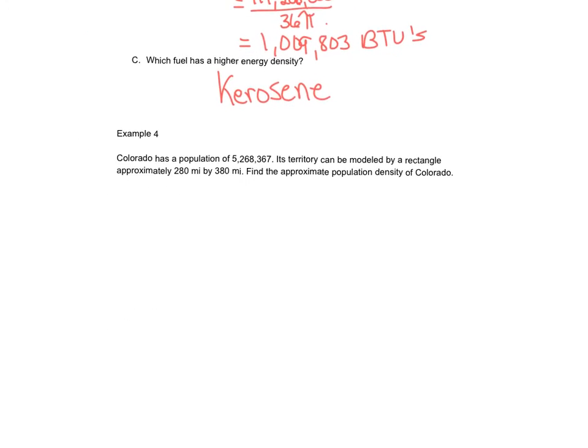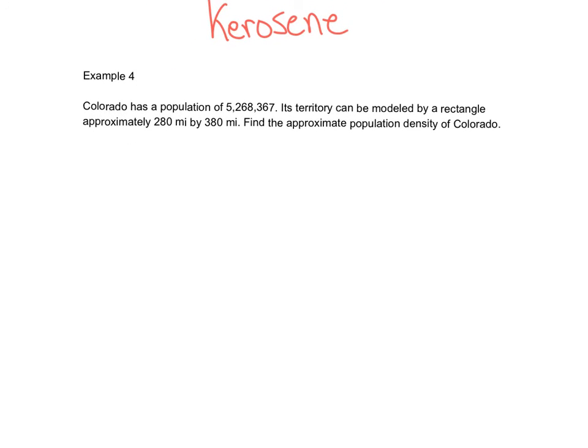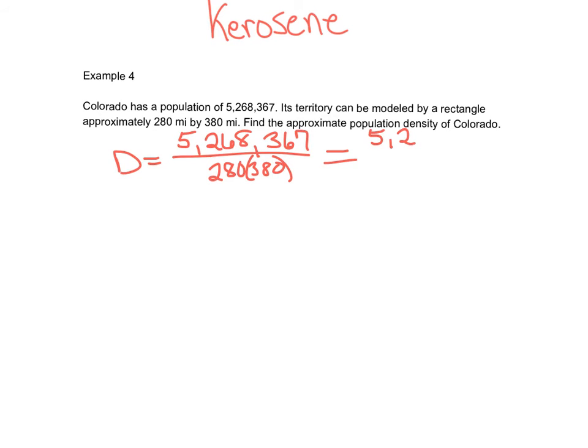Okay. I don't think I have too many more examples. Colorado has a population. Its territory can be modeled by a rectangle. Find the approximate population density of Colorado. So density equals 5,268,367, and the area, of course, is 280 times 380. Now, if you just did that in your calculator, you have to be careful. Make sure you put parentheses around the bottom.